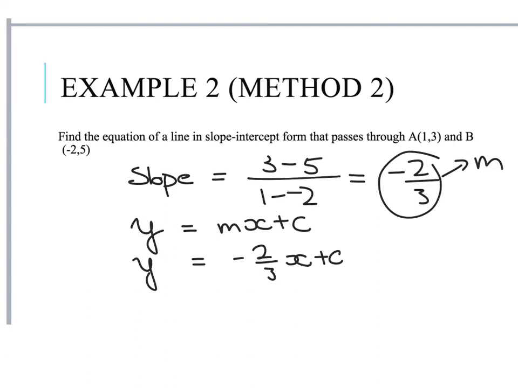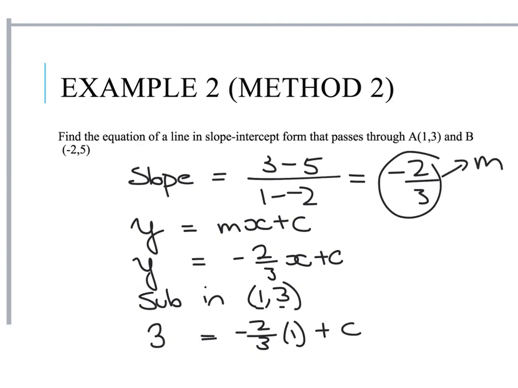How are we going to do that? We can do that by substituting in a point. Okay? So let's sub in (1, 3). If we sub in (1, 3), we're going to get 3 for y equals negative 2 over 3 times 1 for x, because remember this is x, y, plus c.